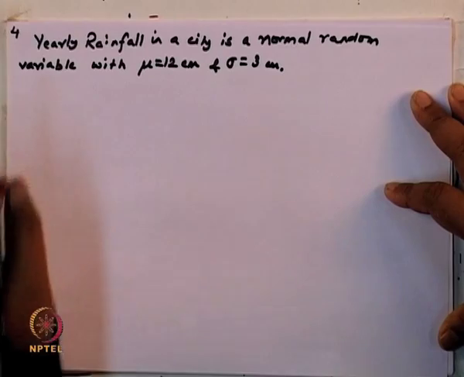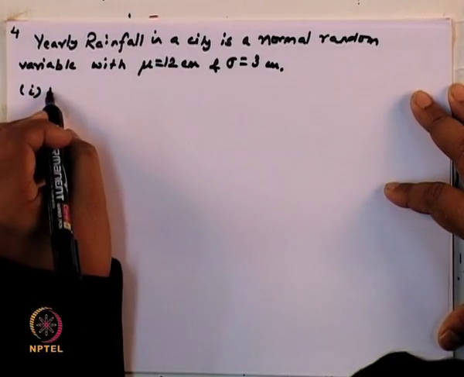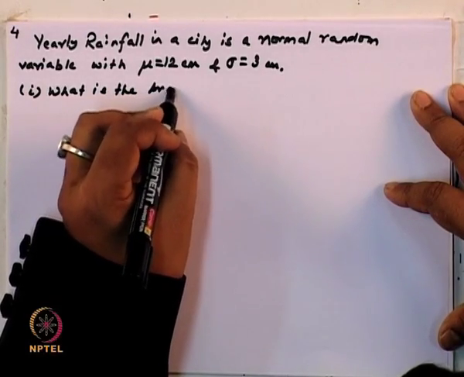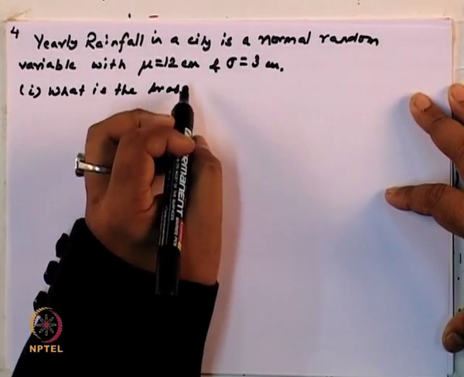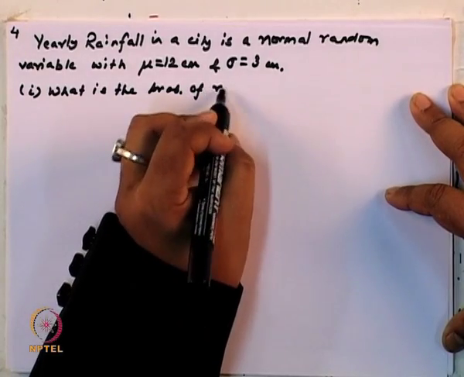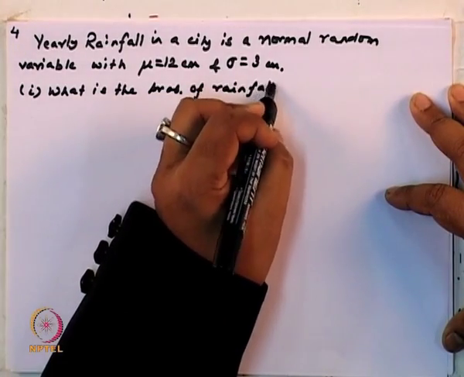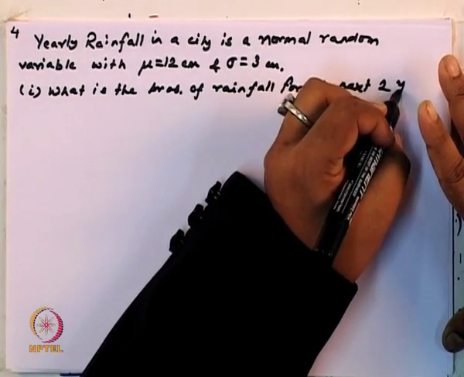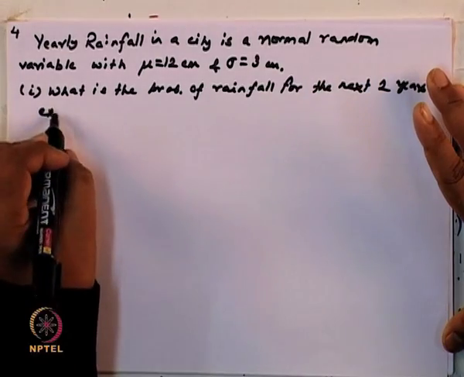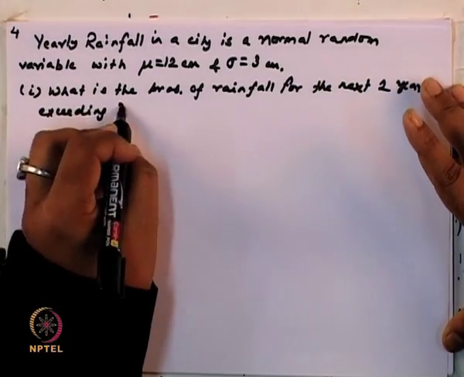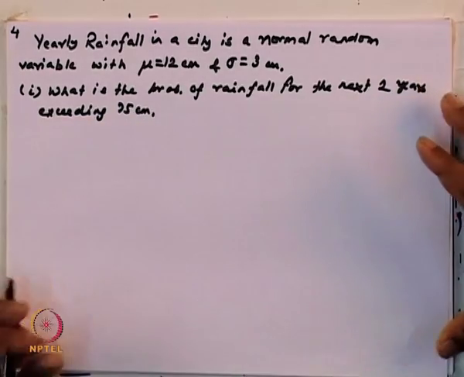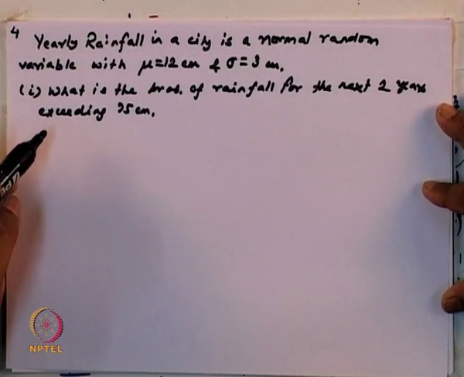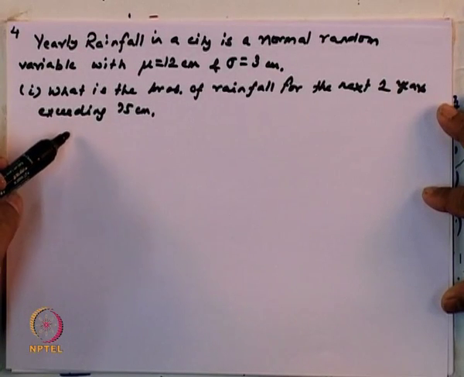And you are asked the question, what is the probability of rainfall for the next 2 years exceeding 25 centimeters.